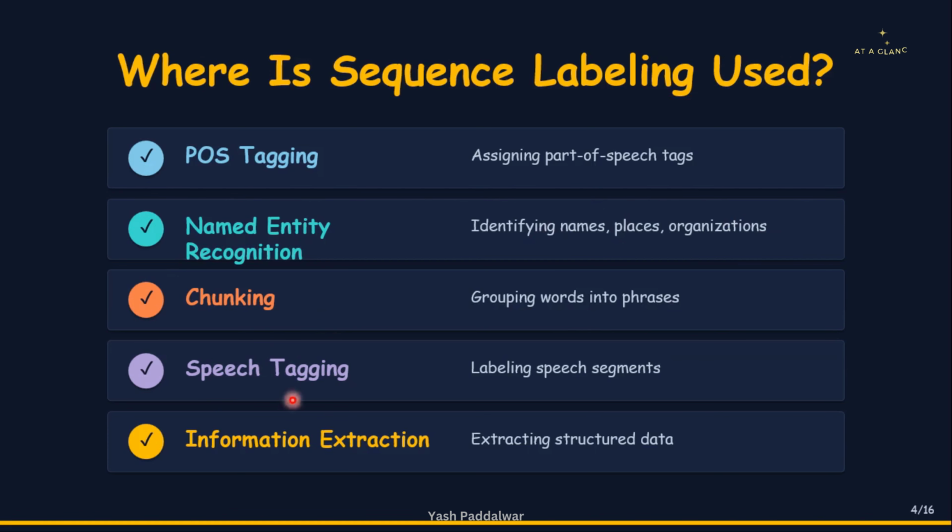We use it in speech tagging, where we tag the entire speech bit by bit. Here we label the speech segments. Next, it is used in information extraction, wherein we extract structured or particularly formatted data. So I hope where sequence labeling is being used is clear to you all.